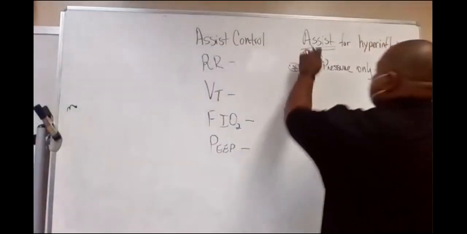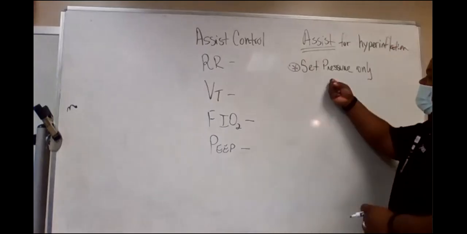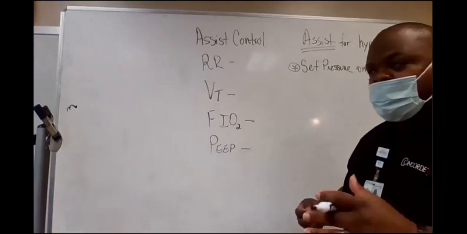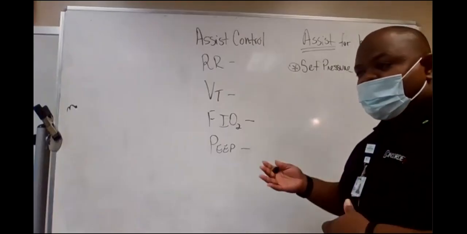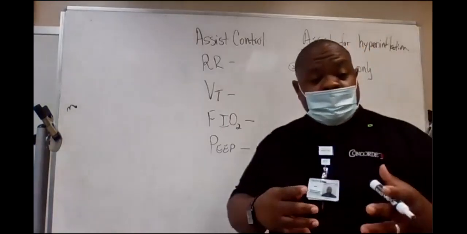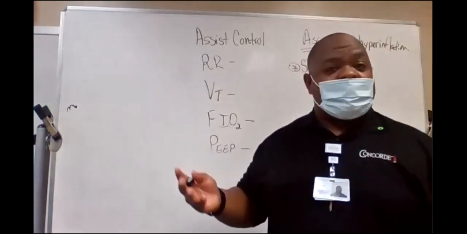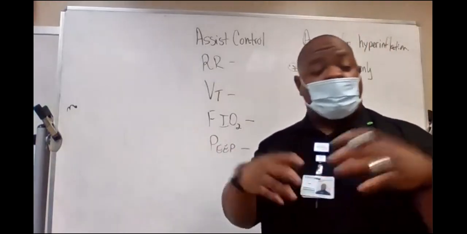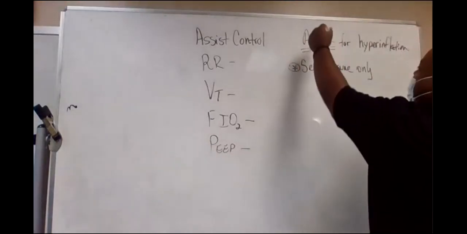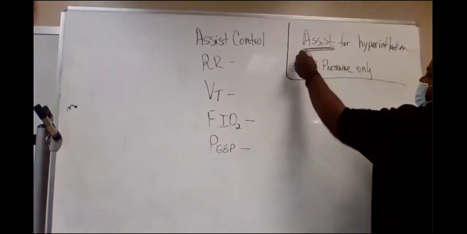For assist mode for hyperinflation only, we give set pressure, right? Whether that's 20 centimeters of water, 30, 40, that's about as high as they go, just for hyperinflation. As soon as the patient triggers a breath, it's going to give them the breath, no matter if they trigger it 4 times a minute, 100 times a minute, or whatever, okay? This is for hyperinflation, all right? This is the only one we use for hyperinflation.